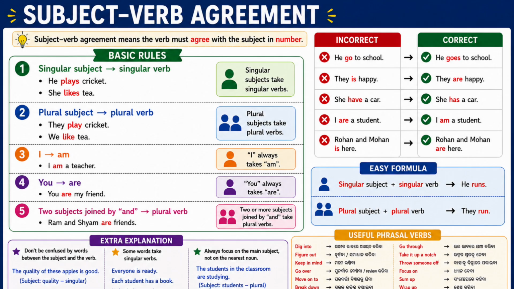Be careful with expressions such as each, every, everyone, everybody, someone, and nobody. Okay? They usually take a singular verb. For example, everyone is ready. Each student has a book. Nobody knows the answer. Even though everyone refers to many people, grammatically it is treated as singular.